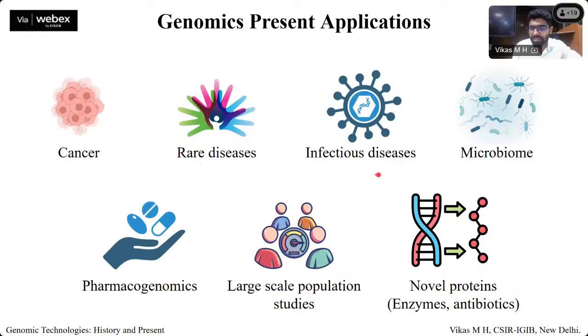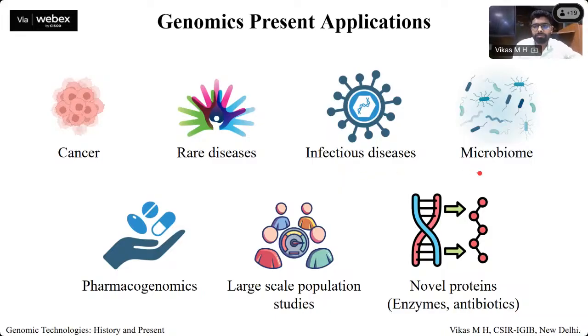And there are infectious diseases, like we saw during COVID, how they can spread, and how genomics helped us track these different variants, and with Ebola and other infectious diseases also. Tracking the virulent strains, and what gives them the ability to cause disease, can help us come up with strategies for making vaccines and probable treatments.